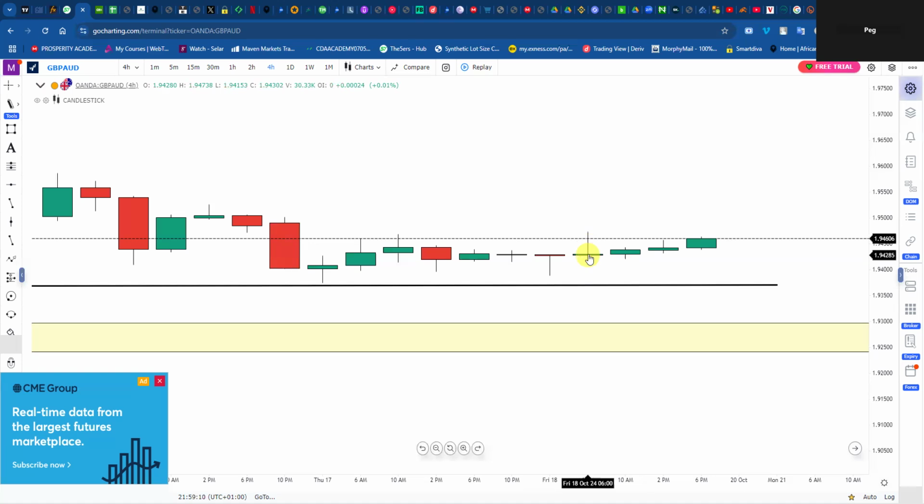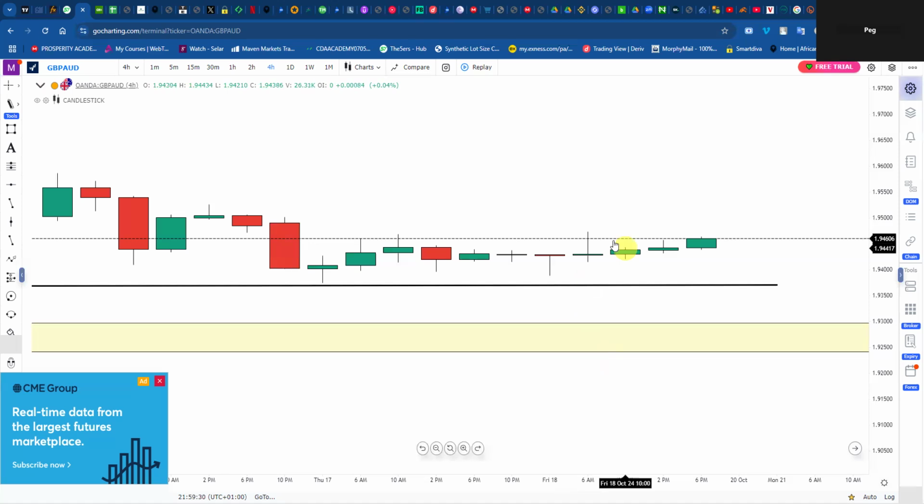They forced it down. Now this candle is bearish, even though the body, which is almost non-existent, is green. Do you get it? So don't let the colors deceive you. It's not about the color, it's about the formation of the candles.